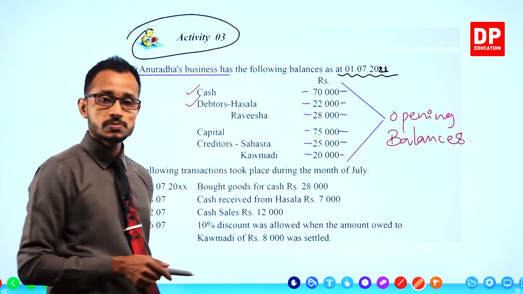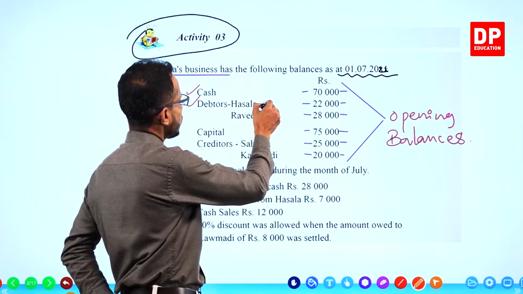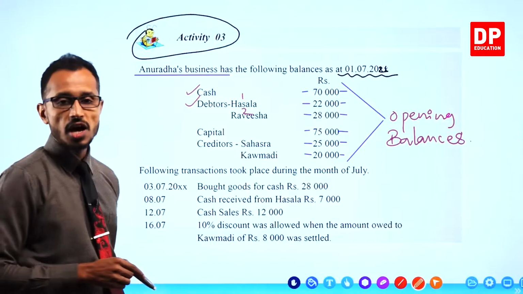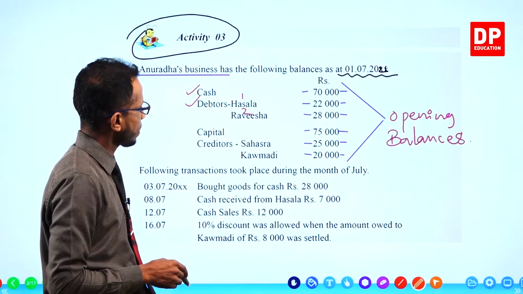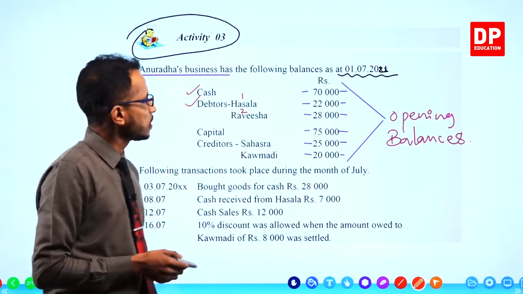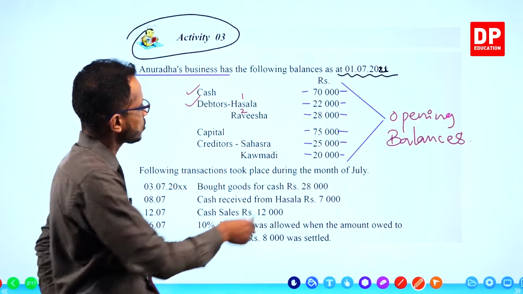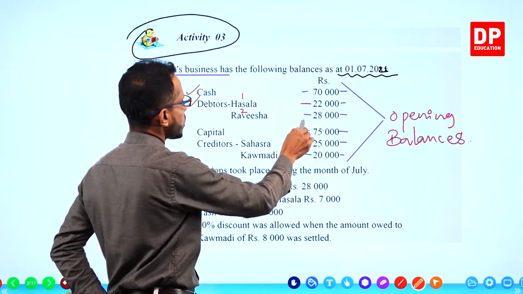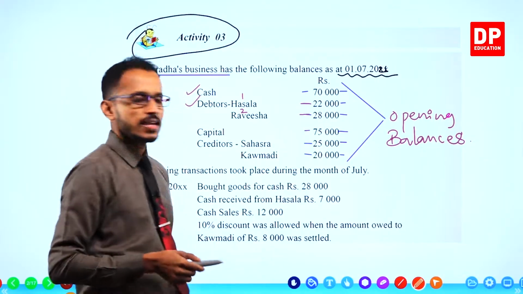Then we have debtors. We have one called Hustler and another one called Ravisha. Hustler has a balance of 22,000, and Ravisha has a balance of 28,000.